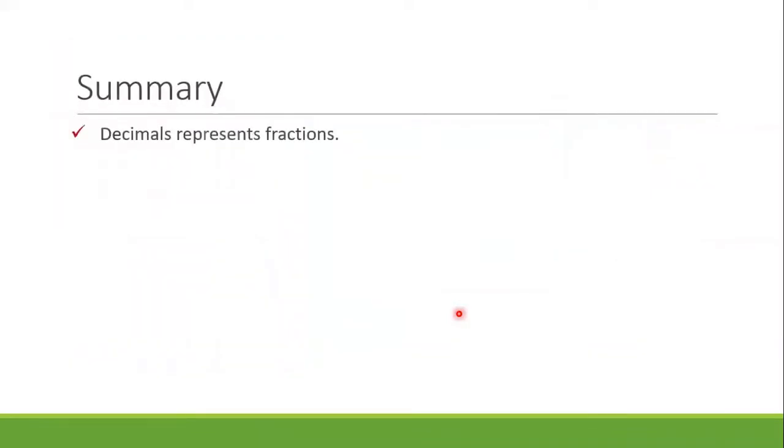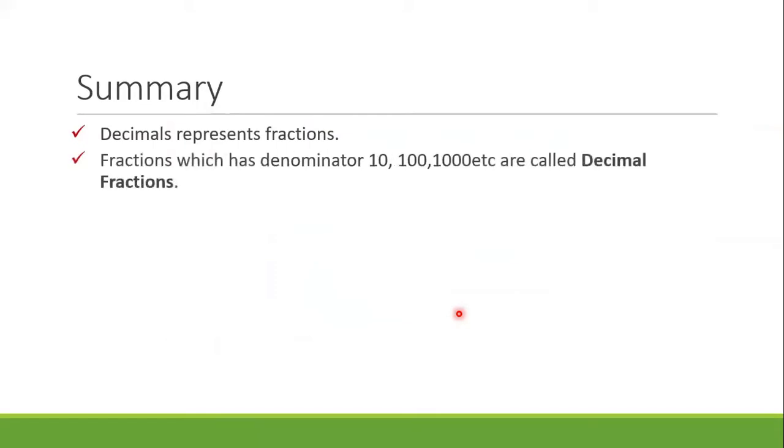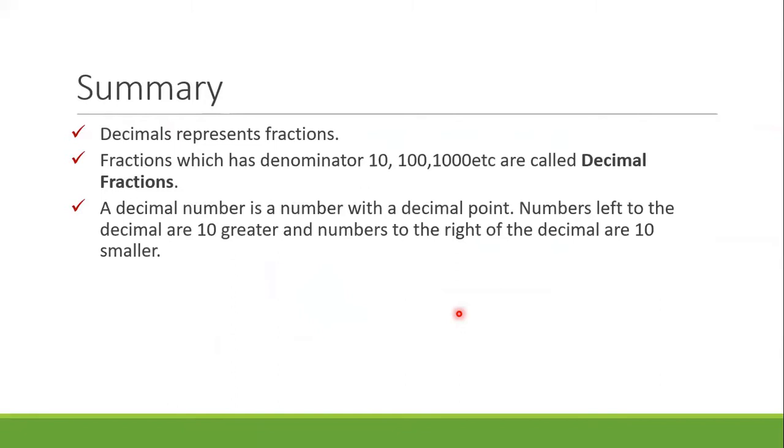Children, let us recall what we discussed today. Decimals represent fractions. Fractions which have denominator 10, 100, 1000, etc. are called decimal fractions. A decimal number is a number with a decimal point.